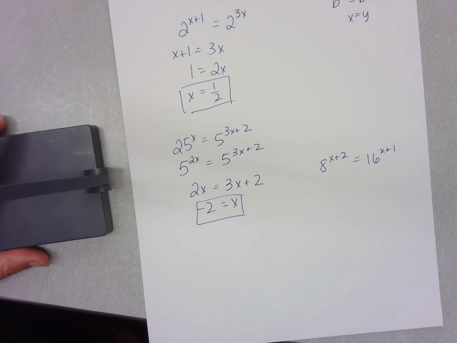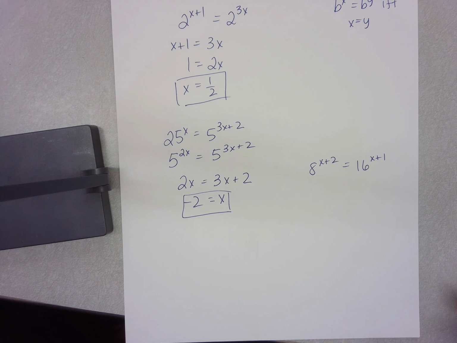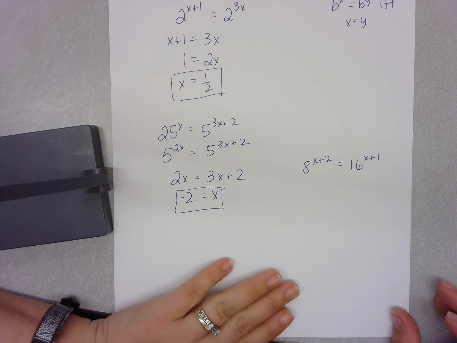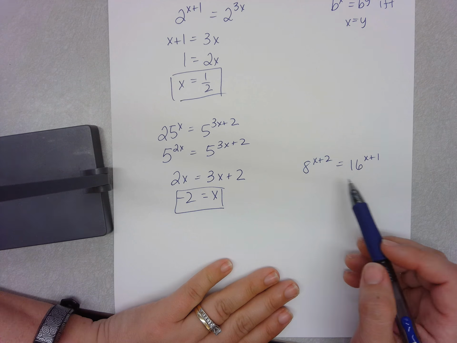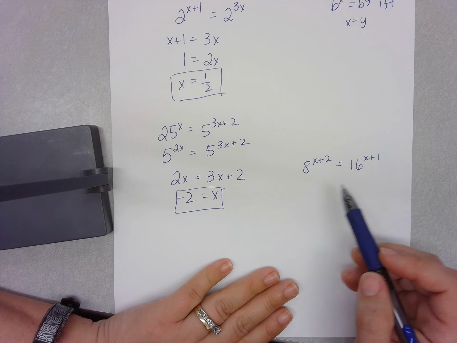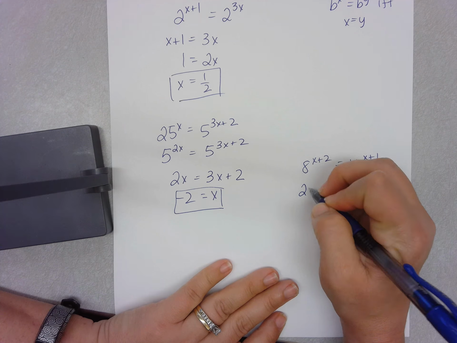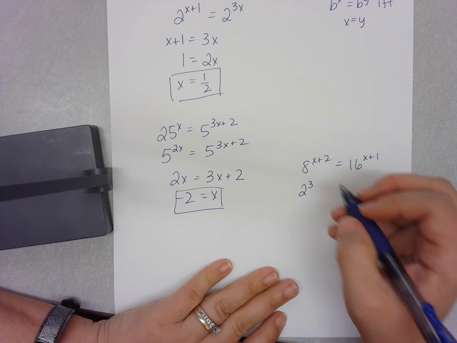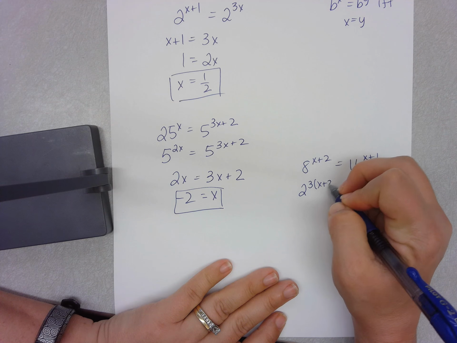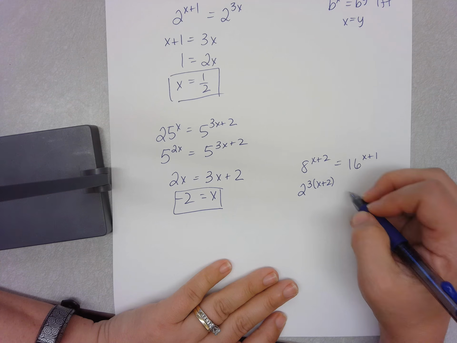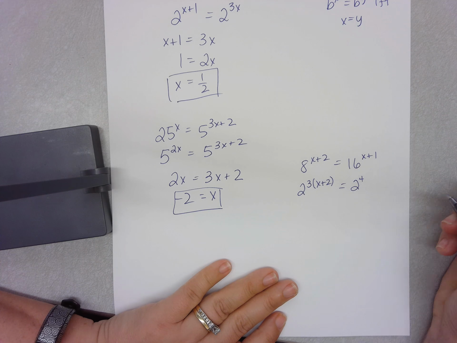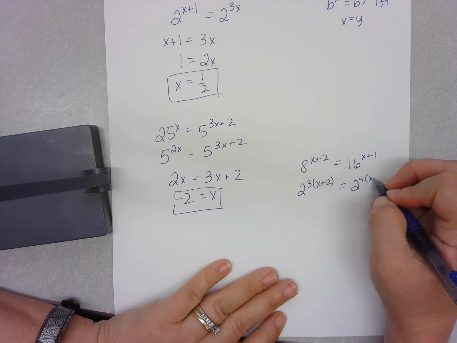Now I know that it might be tempting to think that 8 or 16 is a power of 8, but it's actually not, right? 8 times 2 is 16, 8 squared is 64. So these aren't really powers of each other, but I do notice that 8 could be written as 2 cubed. So I could write this as 2 cubed times x plus 2 in parentheses equals 2 to the 4th, which is 16, times x plus 1.